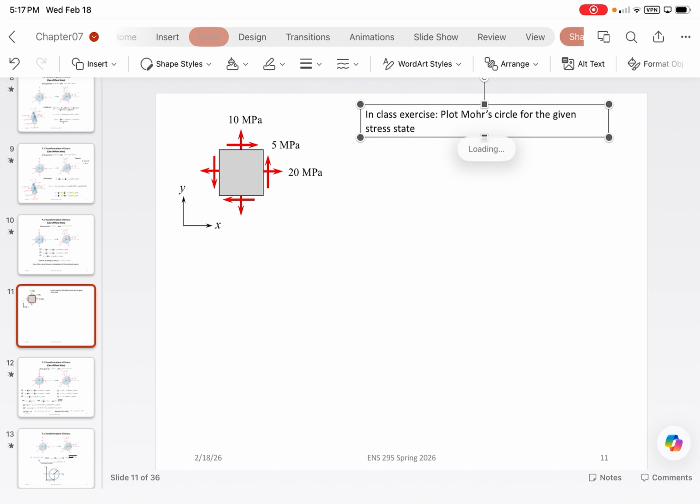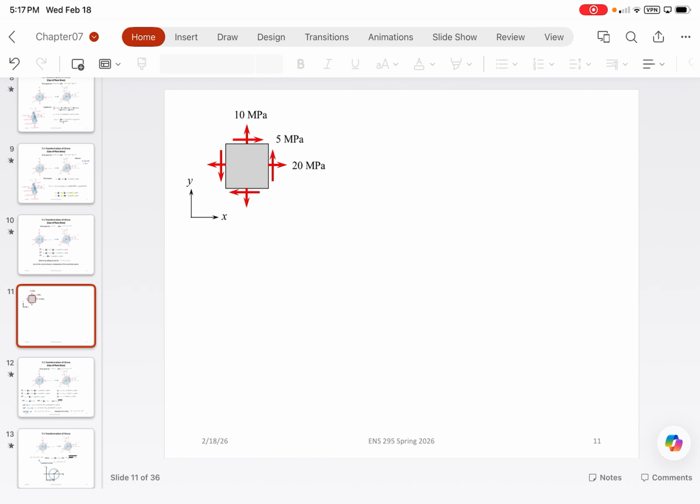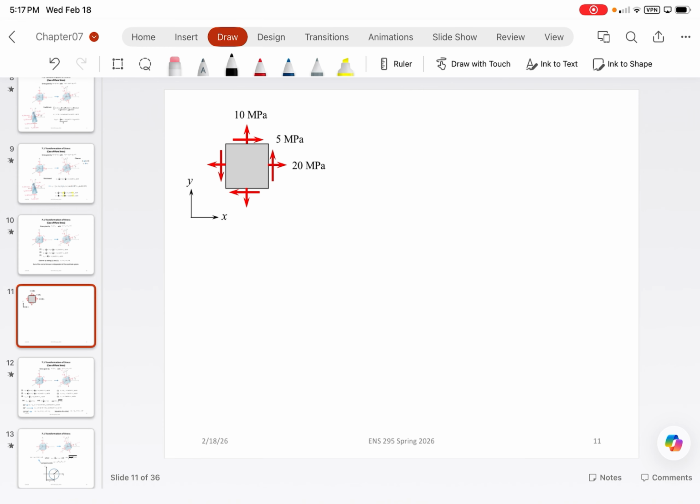What I'm going to do is just cut that, and let's just do a really quick example problem just to show you guys how we would use these equations. All right, so we're given a coordinate system. We have a sigma x, sigma y, and a tau xy. And let's say we wanted to find what the transformed stresses would be if we rotated this entire cube, which is going to be our point of interest.